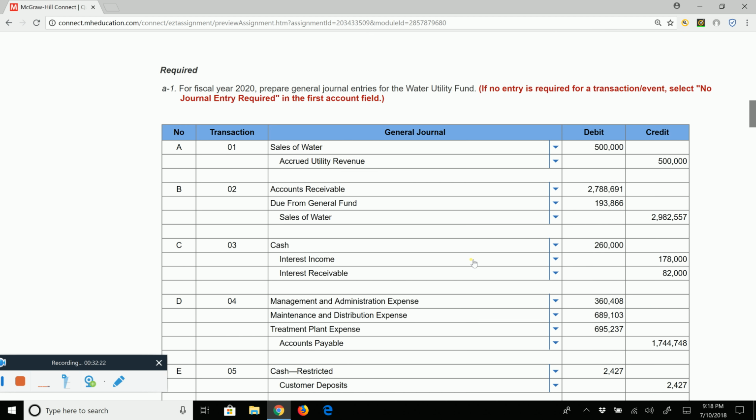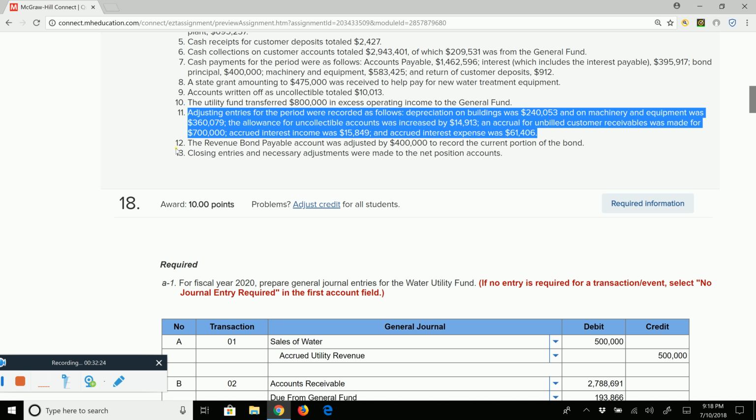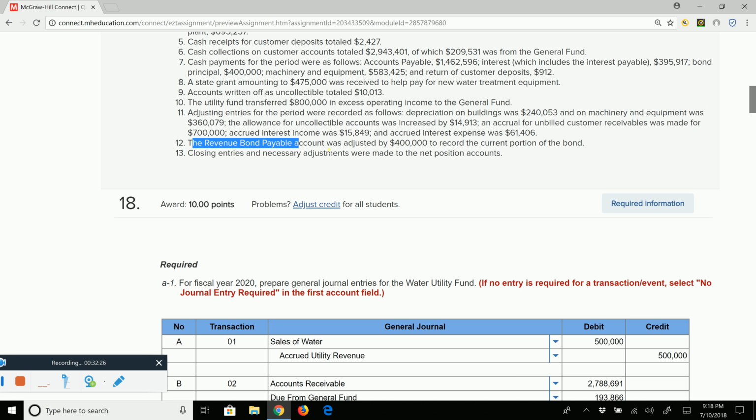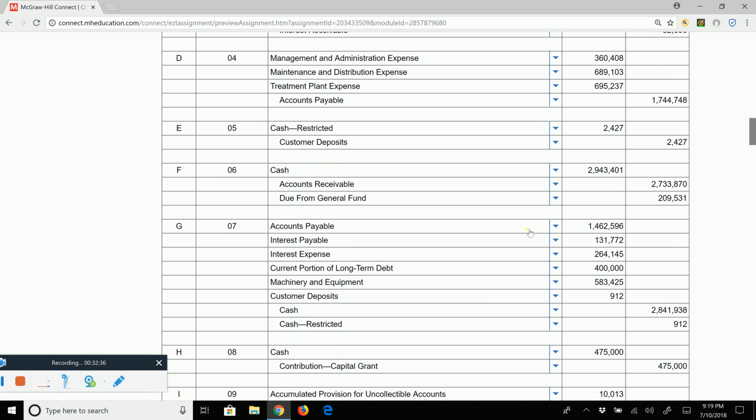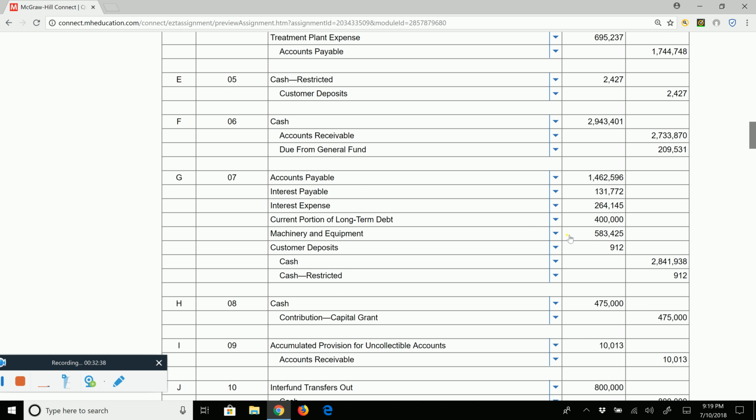And the last journal entry of the year before the closing entries is the bond payable account was adjusted by $400,000 to record the current portion of the bond. So basically what's going on here is, let me refresh your memory. If you come back up here in journal entry 7, do you remember we made a $400,000 principal payment on the bond?